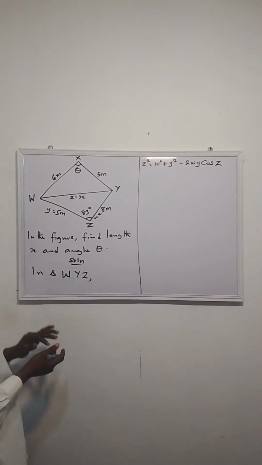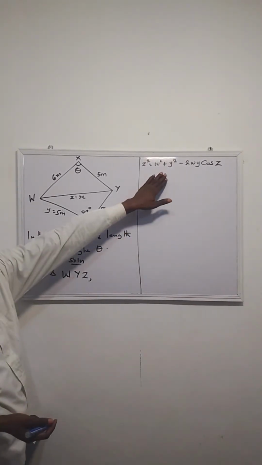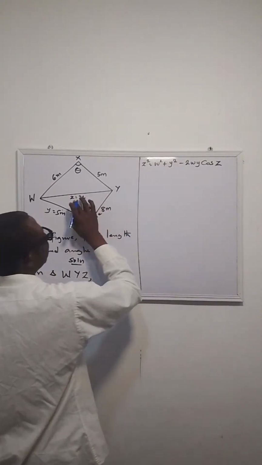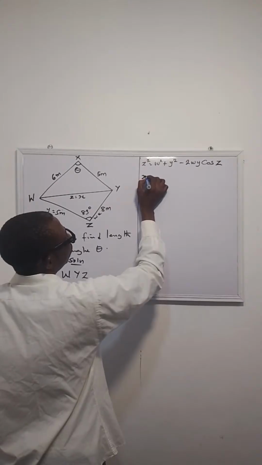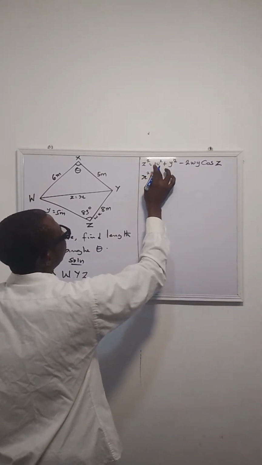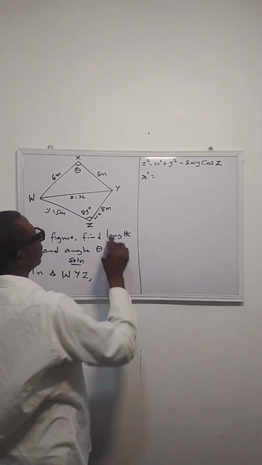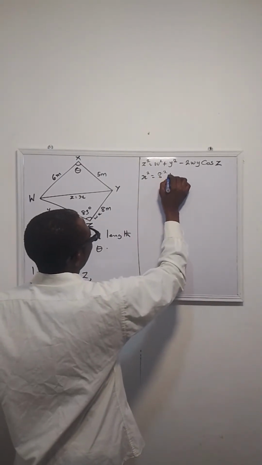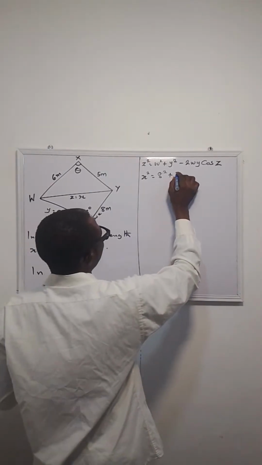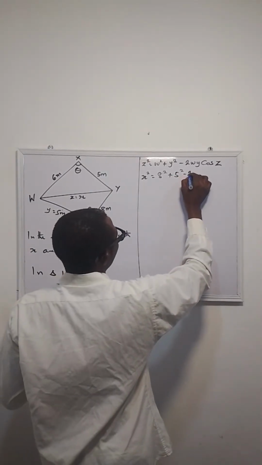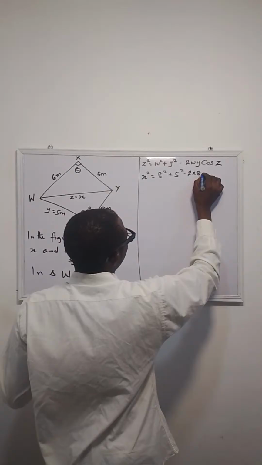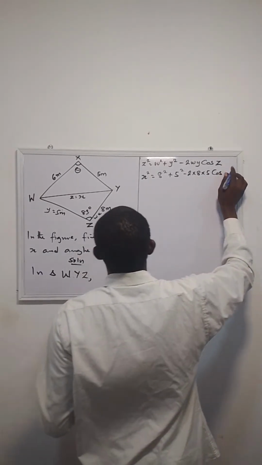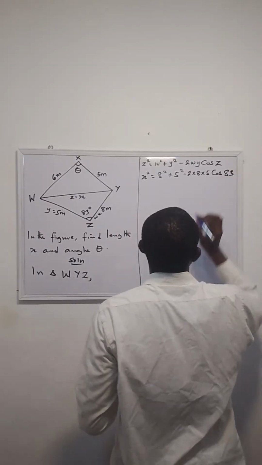Now can we plug in all these values into this equation? We have z squared, z is x, so we have x squared equals, yes, that is w. What's w? That's 8 squared plus y is 5 squared minus 2 times 8 times 5 cos z, that is 83.